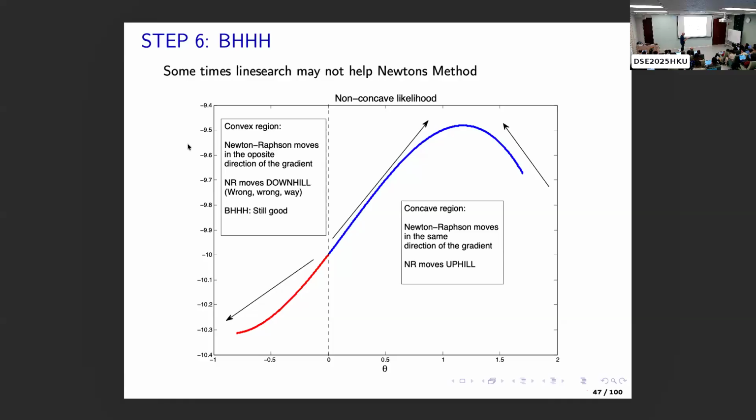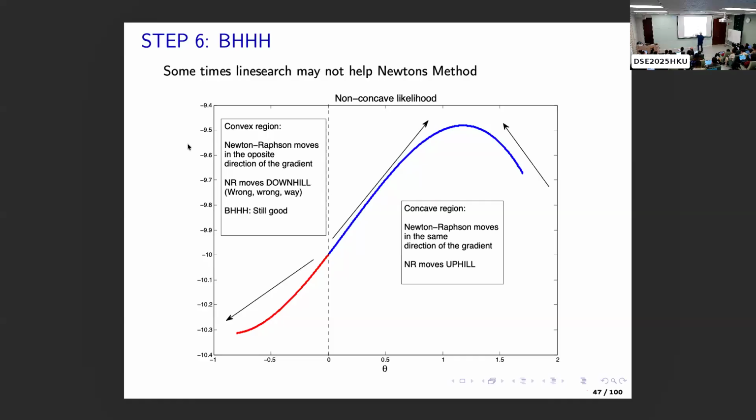It's nice and concave, and we take this area here, calculate the first and second order derivatives, and use your quadratic approximation. Let's say it goes like this. You take it to the top of that quadratic approximation. That's your standard Newton step. Now, if you were doing it down here, your quadratic approximation looks like this. Okay, maybe it looks like this. And it takes you the wrong way. It takes you in the opposite direction of the gradient.